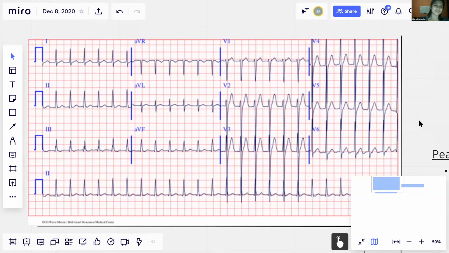I'm not that good, I'm not sure, but this looks like a frequency of 150, a little more than 150, and this is a regular rhythm. With that, as I can see, this is not a wide QRS complex, it's quite narrow.